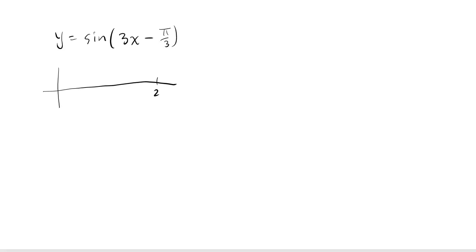The regular sine function has very important values at 0, 90, 180, 270, 360. Because sine becomes 0, then 1, then 0, then negative 1, and 0.